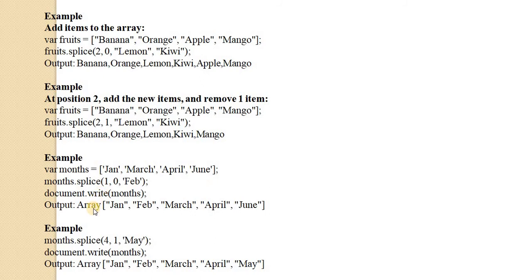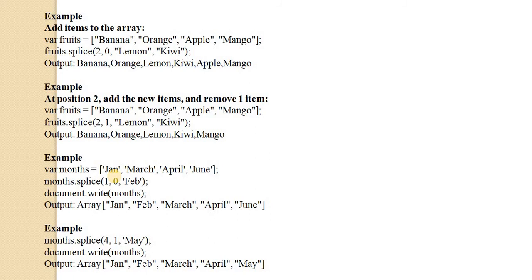Next is the fourth example. In the fourth example, we replace one element at index 4, which means we remove one element at index 4. Here in this example we declare one array and apply splice on that array, replacing one element.